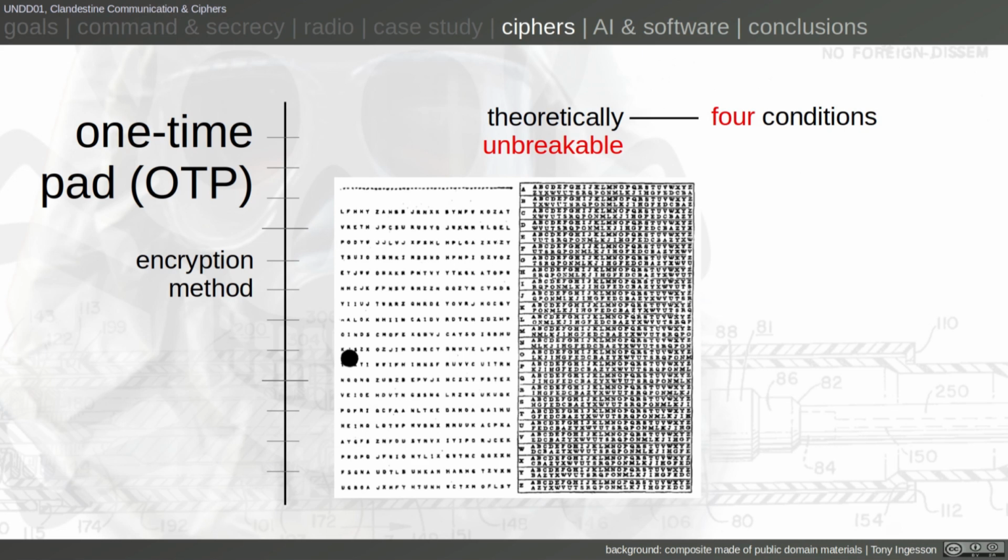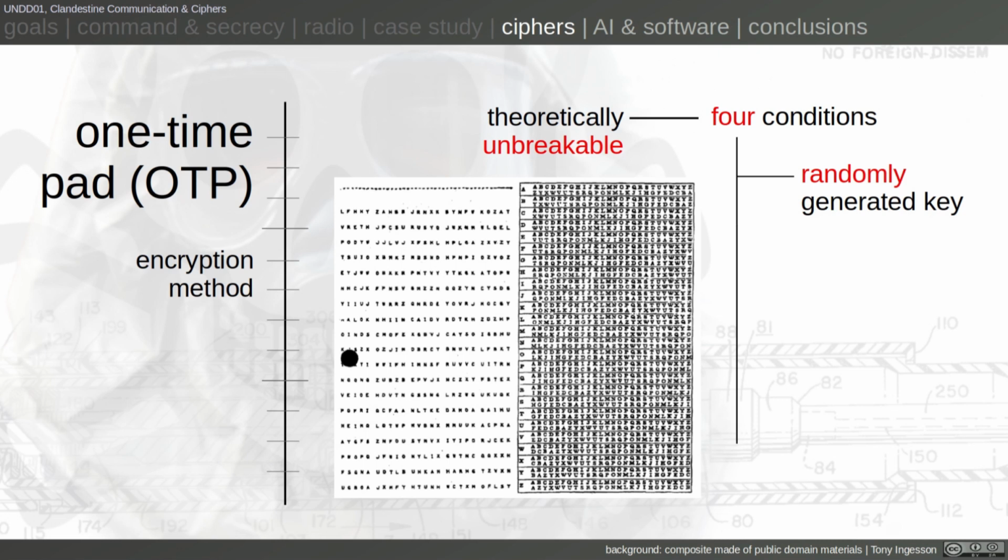However, in order to be theoretically unbreakable, there are 4 conditions that have to be fulfilled. The key used to encrypt the message has to be randomly generated. This may sound trivial, but it is actually quite difficult. Most computers are not able to generate perfect randomness.